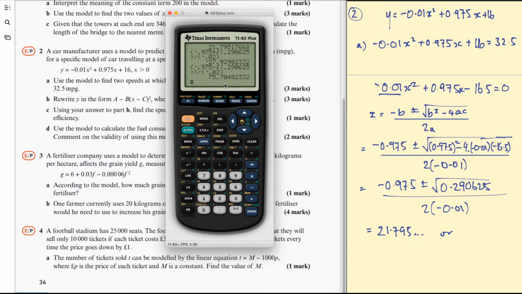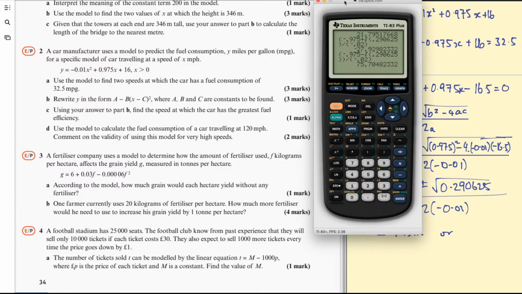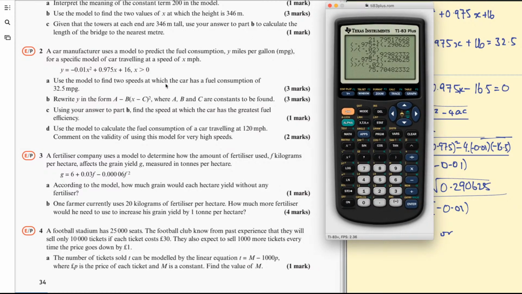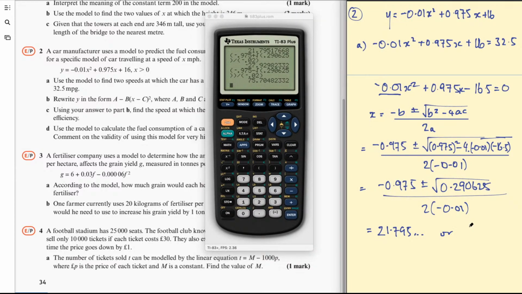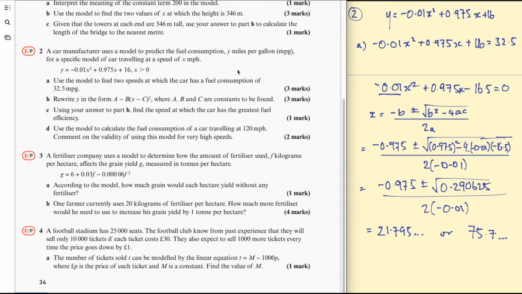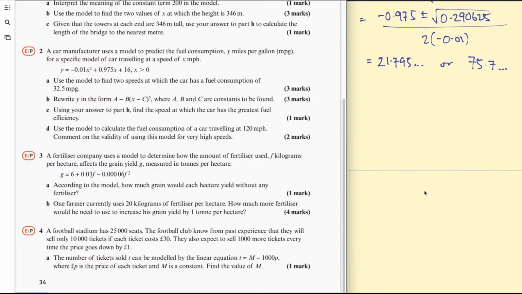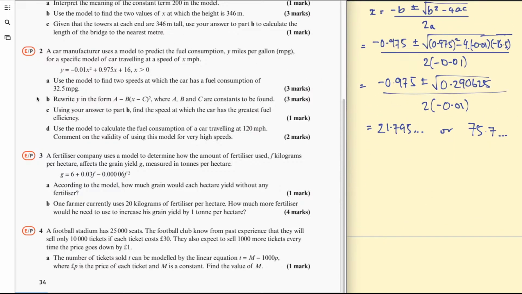Okay, I'm fairly confident I've entered something incorrectly here. Although, they should both be positive, so 75.7. Alright, I'm going to just assume they're correct, and if they're wrong, then I'll pick that up when I check the answers later on.